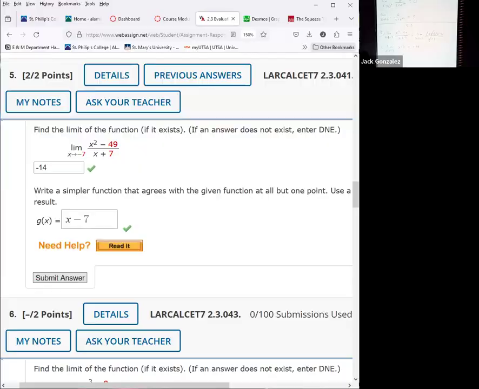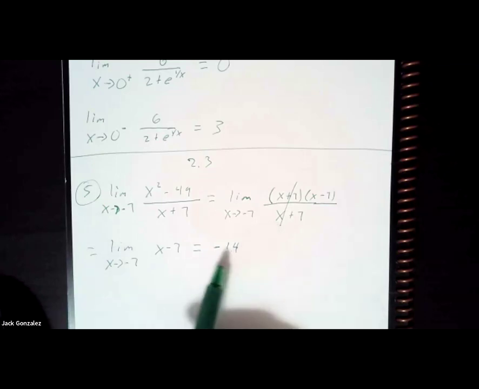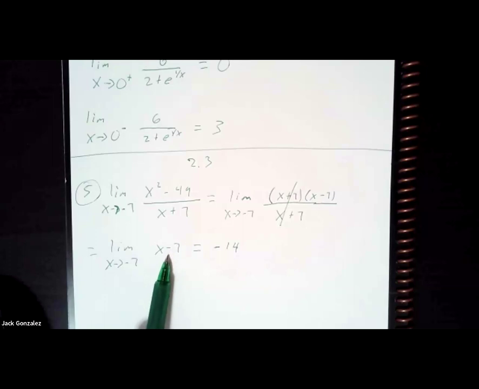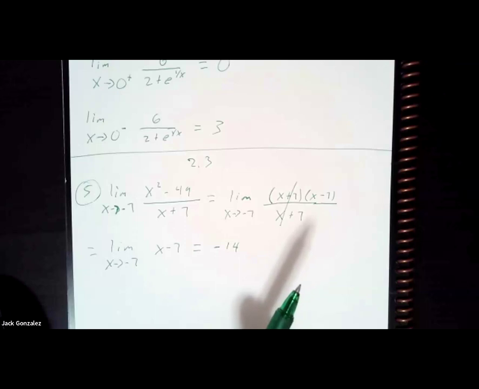Are you asking how much work to show? Yes. Well, I would like to see this cancellation. And skipping from here to here is okay. But the more steps you show, the better for partial credit. Because if you just give me an answer and no work, then it's meaningless to me.